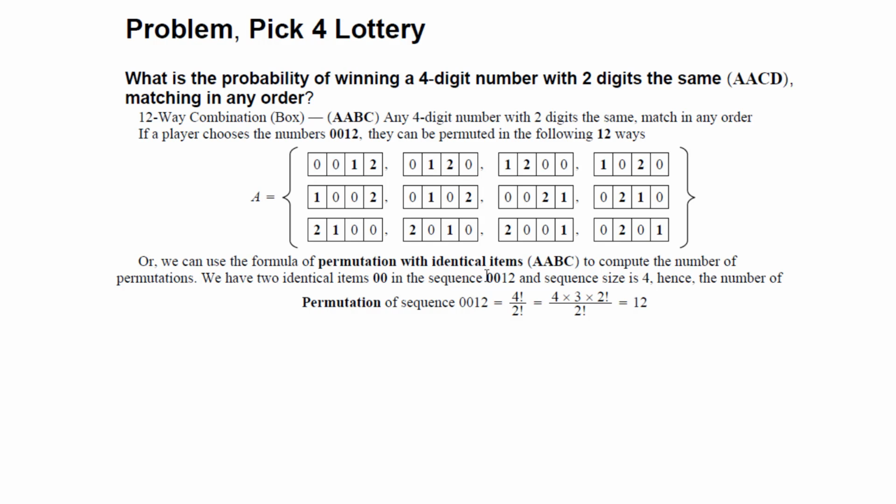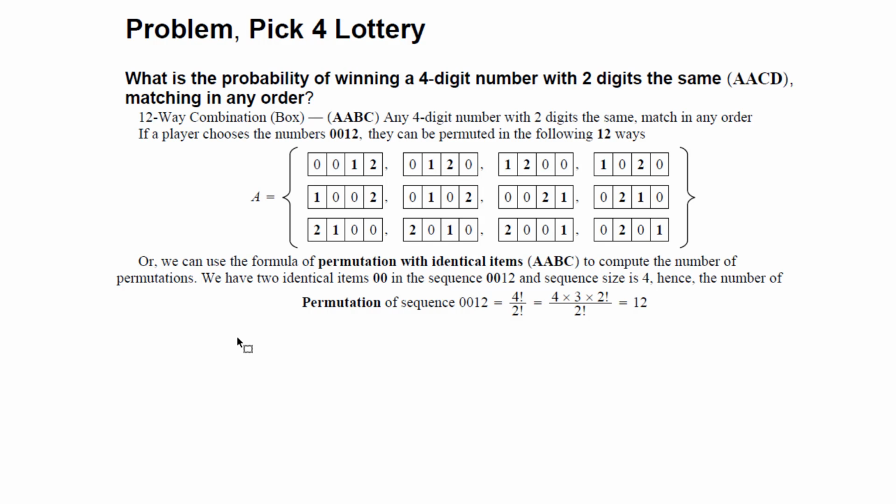The size of the sequence is 4, and we have 2 identical items. So the permutation of the sequence 0012 is 4 factorial divided by 2 factorial, which is 12. So we have 12 permutations of this sequence, which contains 2 identical items.